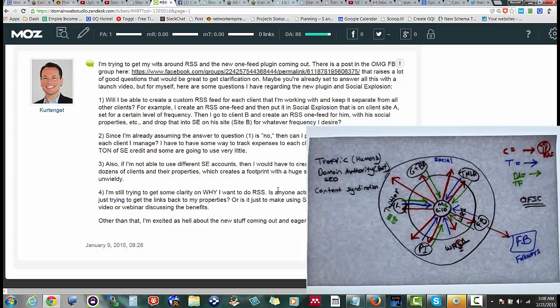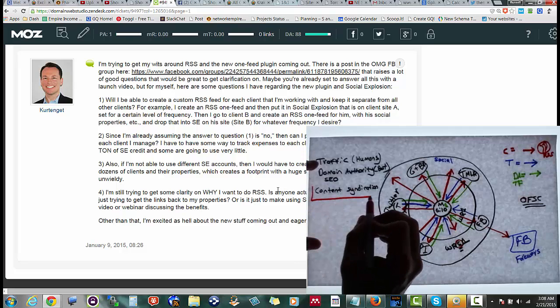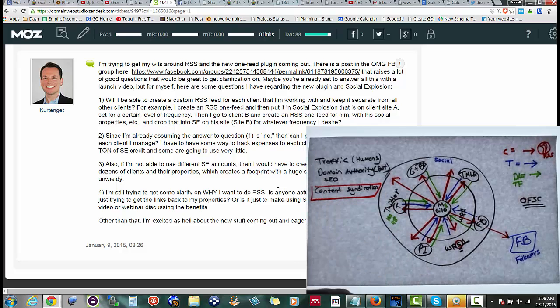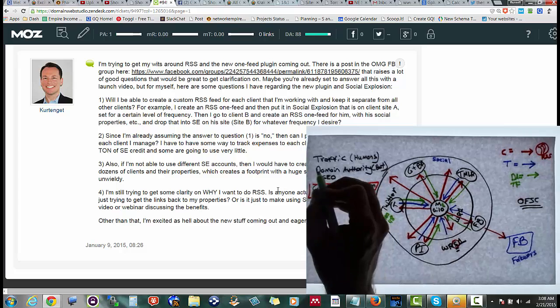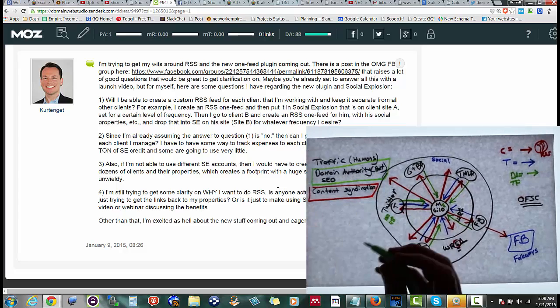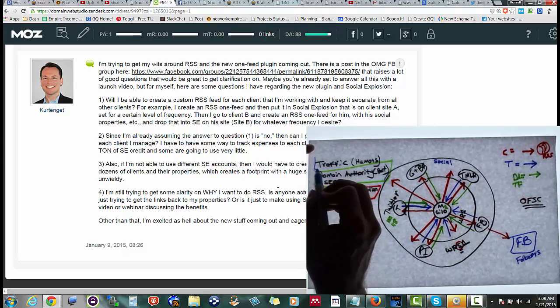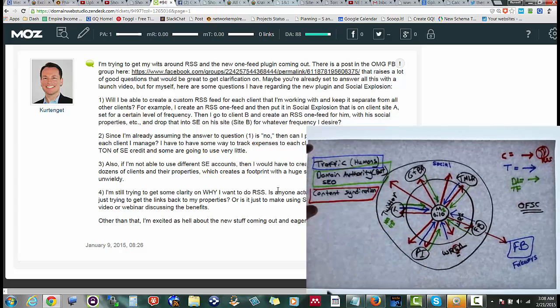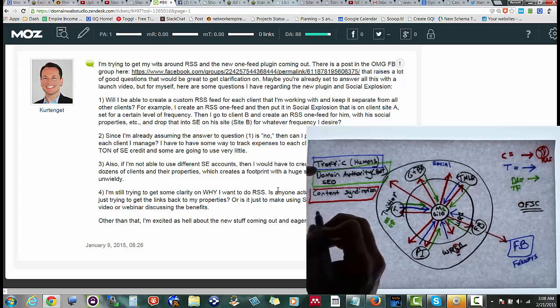That's what the three colors of ink are; I've tried to separate that for you in your mind. Is it for content distribution? Is it for domain authority and SEO, which, by the way, is primarily robots? Or is it for human beings? Traffic. Or is it for all of the above?